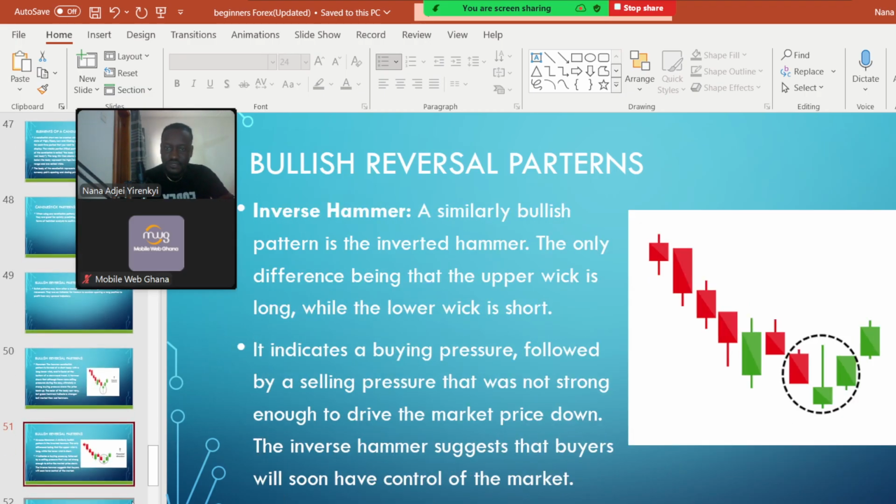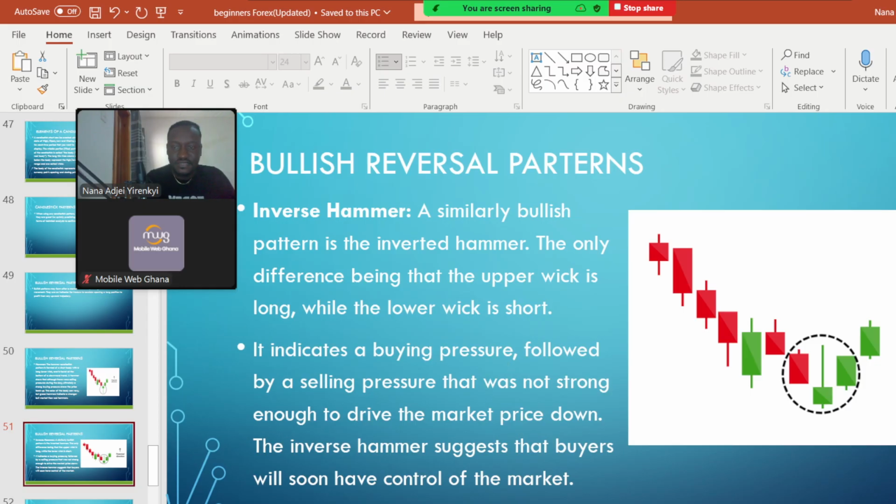The next one we're going to talk about is the inverse hammer. It's the opposite, or inverted, type of the normal hammer pattern, but this time we are going to see the body of the candle below with a long upper wick.